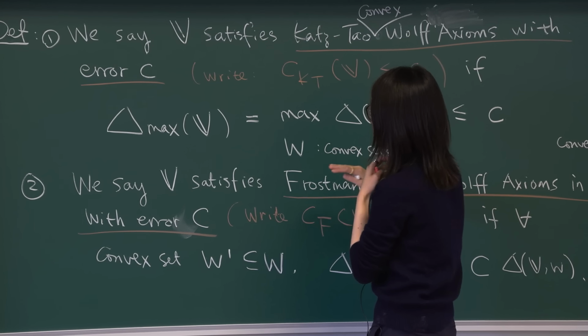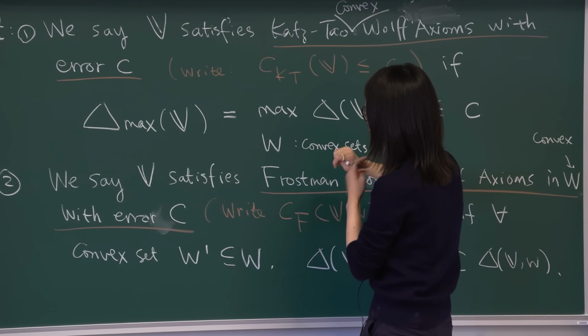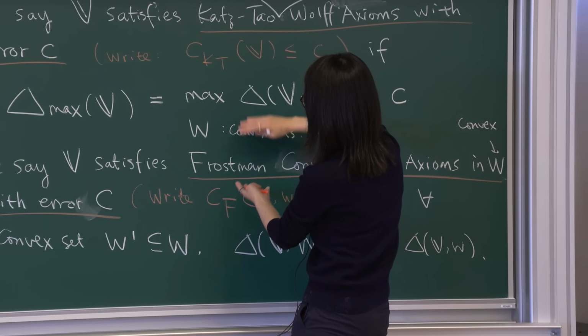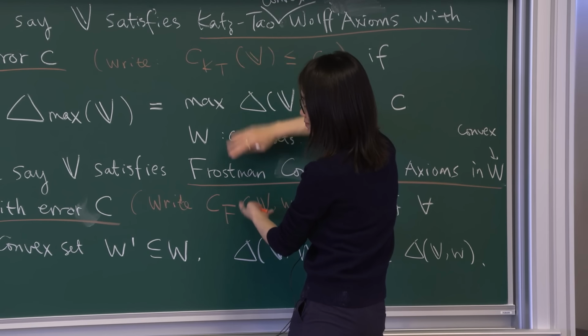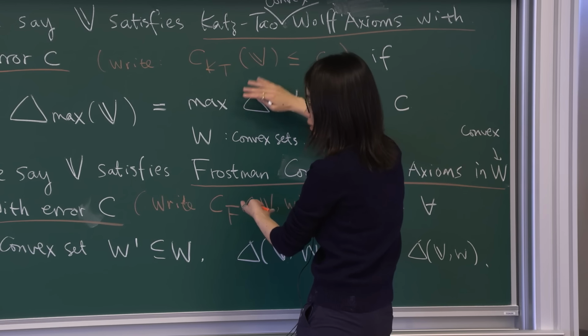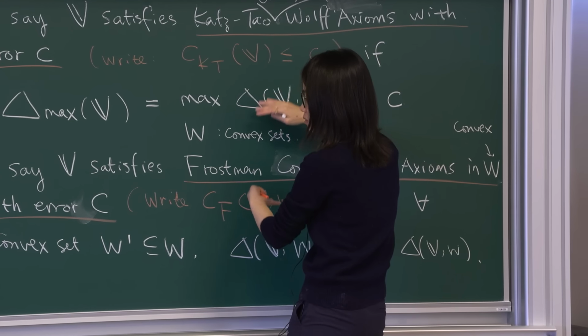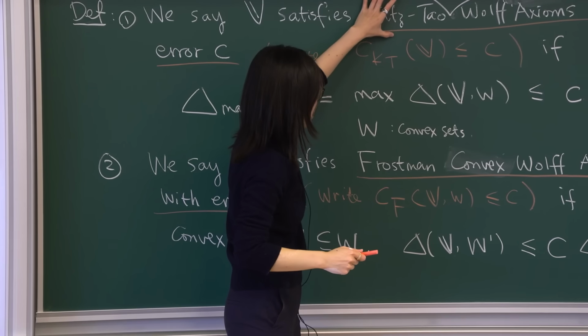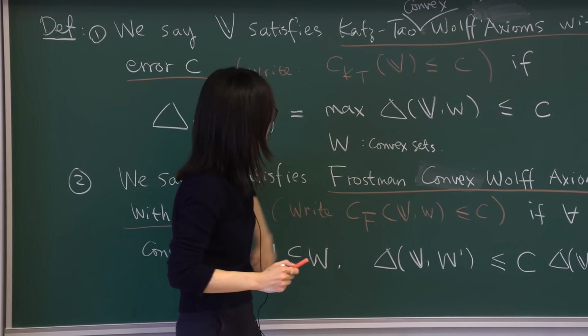They are discretizations of an s-dimensional set. Our definition is in the same spirit, but for a set of convex sets of delta-tubes. So that's where the names Katz and Frostman come from.